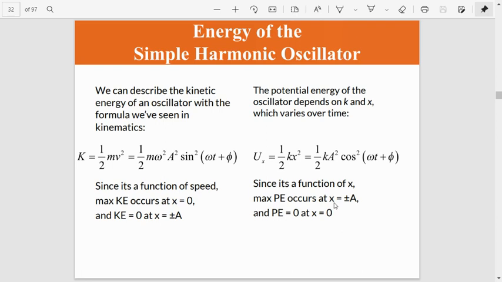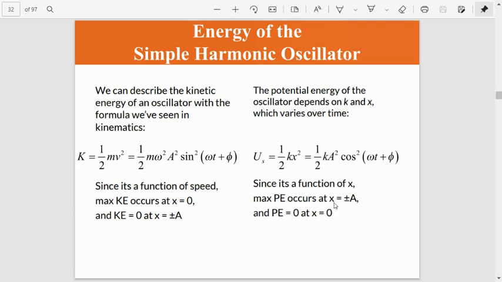Essentially, the more compressed or stretched the system is, the more potential energy it's storing. Potential energy, like in gravitational potential energy, is the ability for a force to do work. It's at the point where you're stretching or compressing that the restoring force gets bigger and bigger, and therefore can do more work on the spring block system.